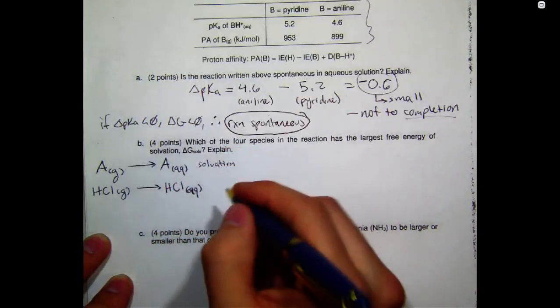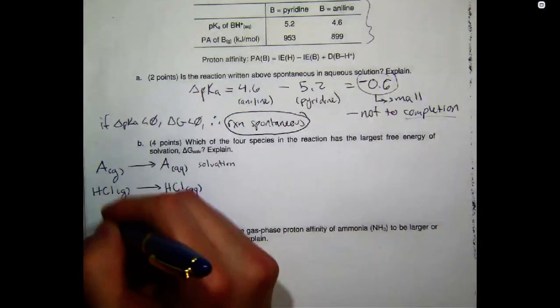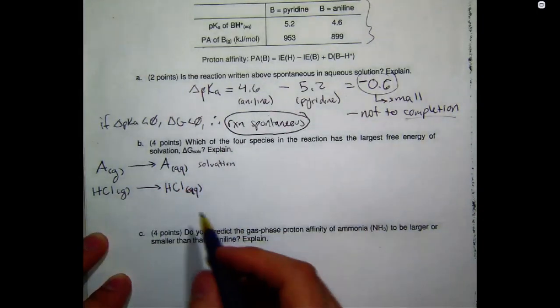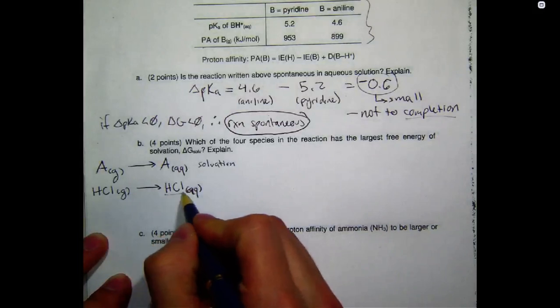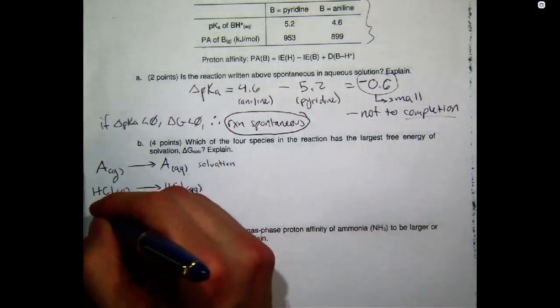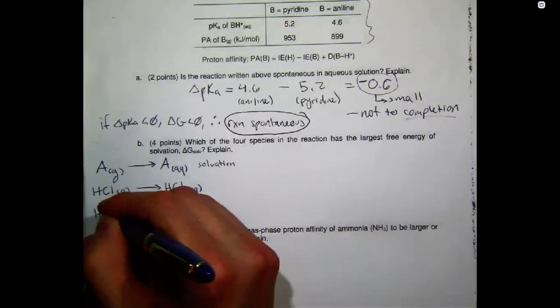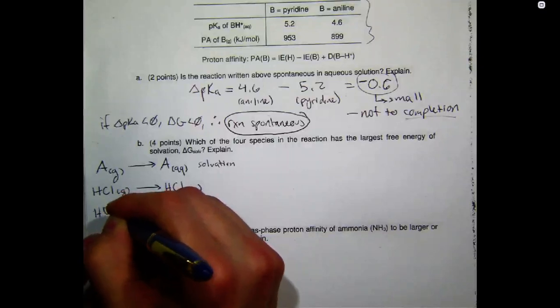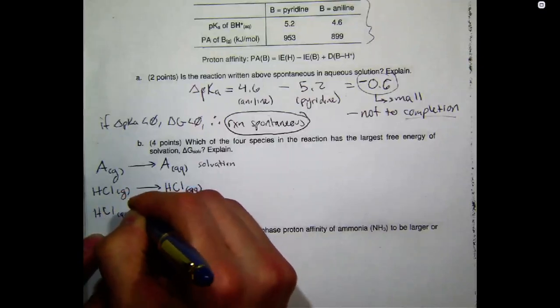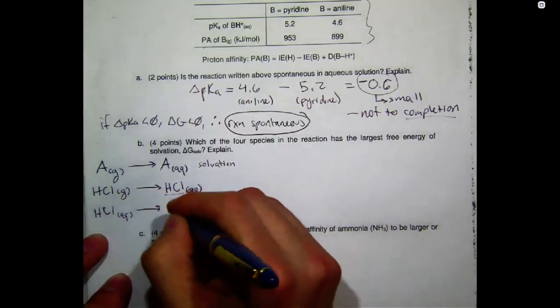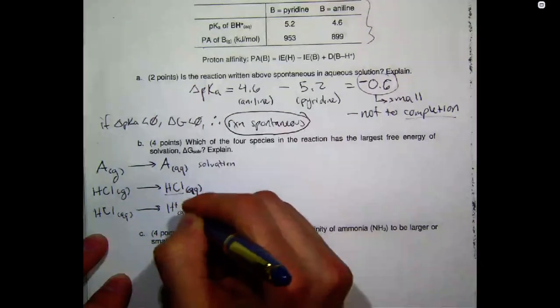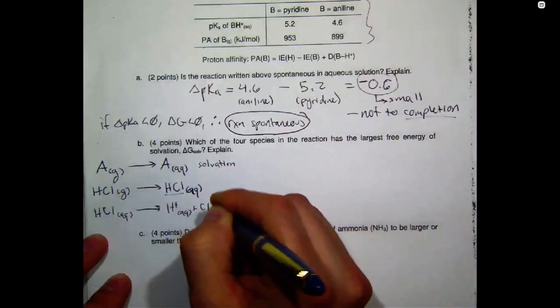aqueous hydrogen chloride. Now, where the confusion came in was a lot of people were thinking, oh, well, I've got HCl, that's a strong acid in water, so I'm going to get lots of H+. Sorry, we're going to get HCl aqueous phase goes immediately and completely to H+ aqueous plus Cl minus aqueous.